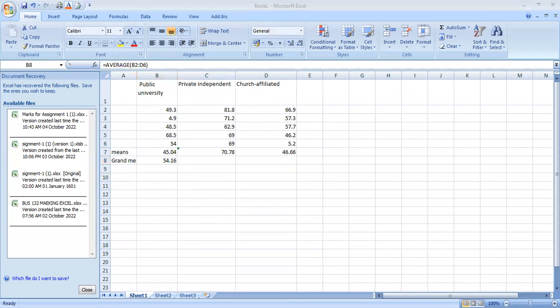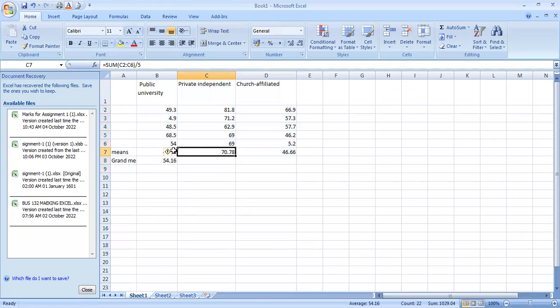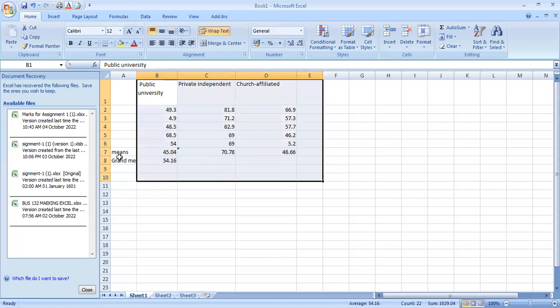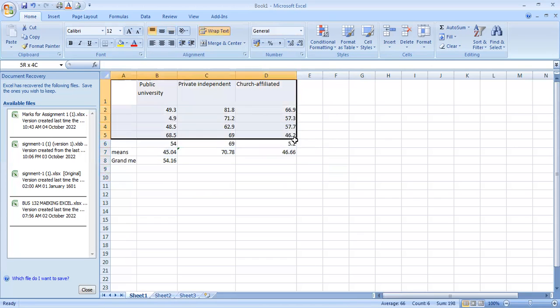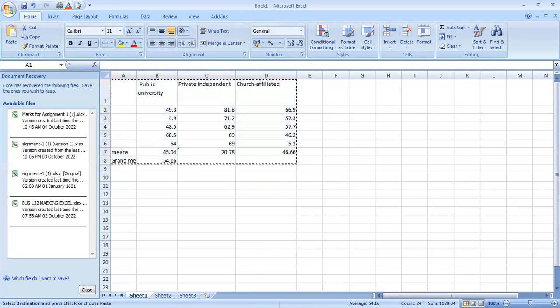Okay, so basically this is what you found already. So you can just copy these values. So let's just copy the whole thing. I'll just copy that and paste it in Math.